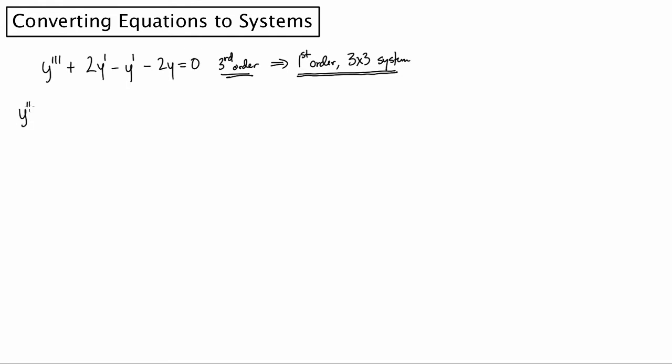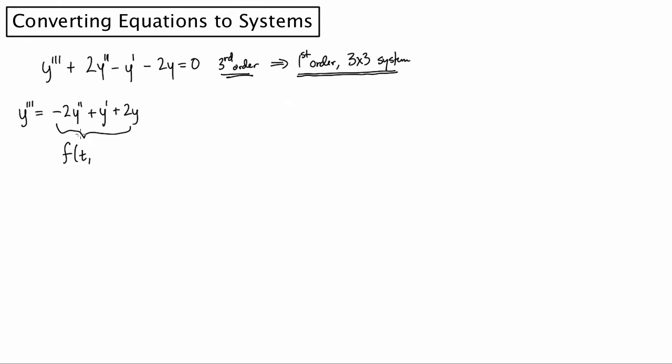This is the same thing as y triple prime equals minus 2y double prime plus y prime plus 2y. And I view this as being a function of what variables? Well, there is the independent variable, which we can't really see in the problem, t.